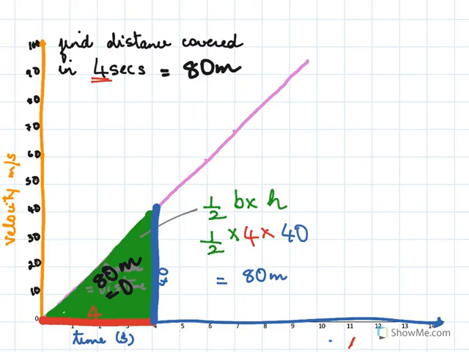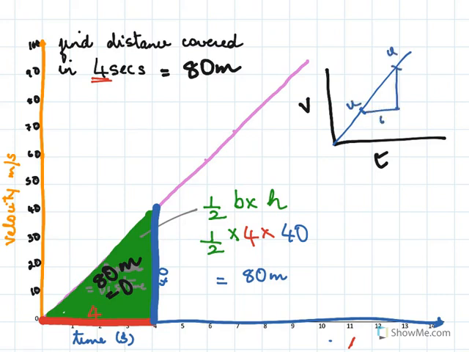So in this lesson you've learned 2 things from the velocity time graph. If you have here the velocity time graph, you can find acceleration by finding u and finding v and finding the time. And in the same velocity time graph, you can also find area.